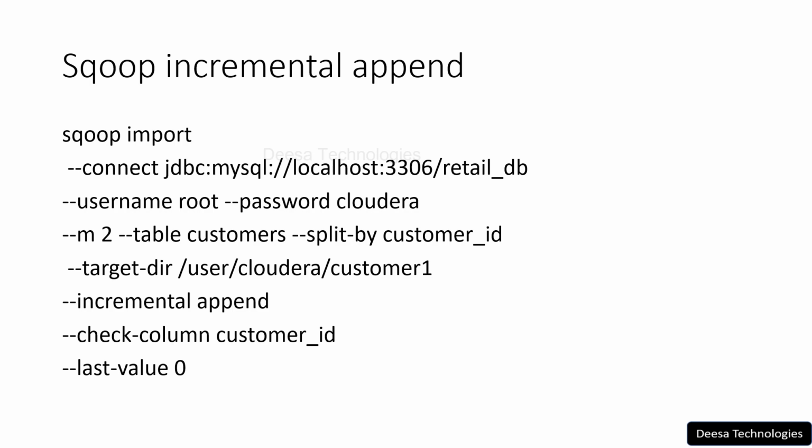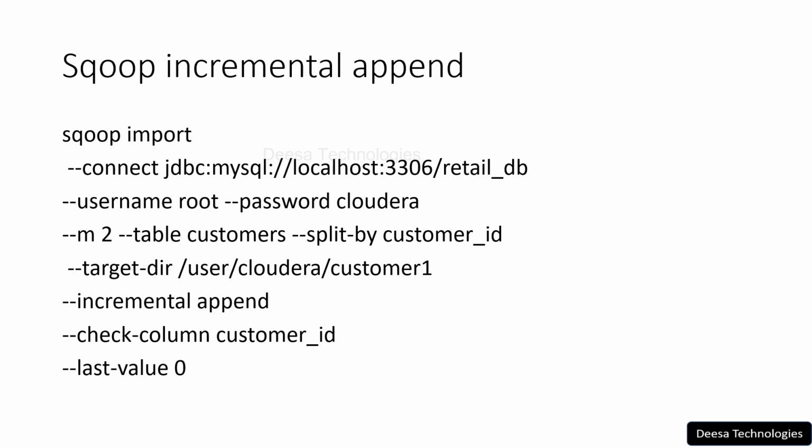So we are checking this column, and we are giving the last value as 0. When we say the customer ID last value is 0, it will pick up all the records which are beyond this last value. So when I execute this, it will query the MySQL database as select star from customers where customer ID is greater than 0. So all the data which is greater than 0 will come up.